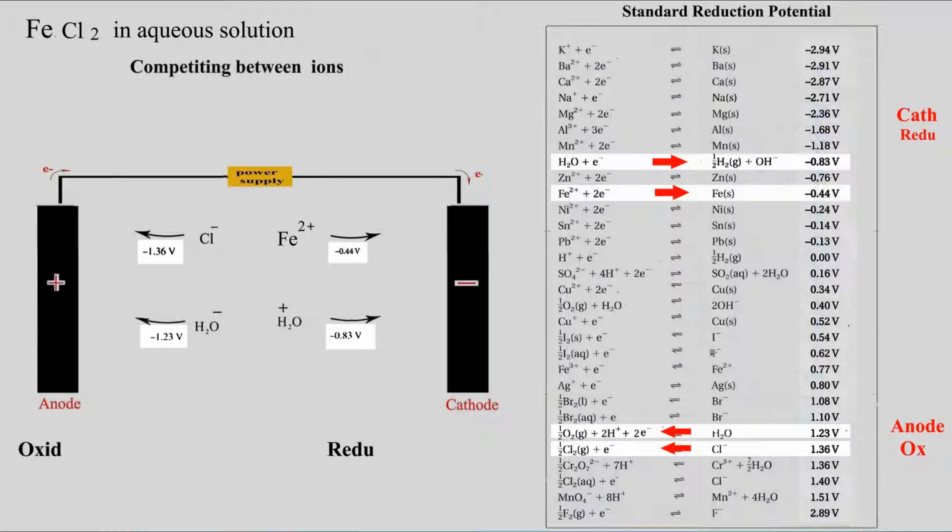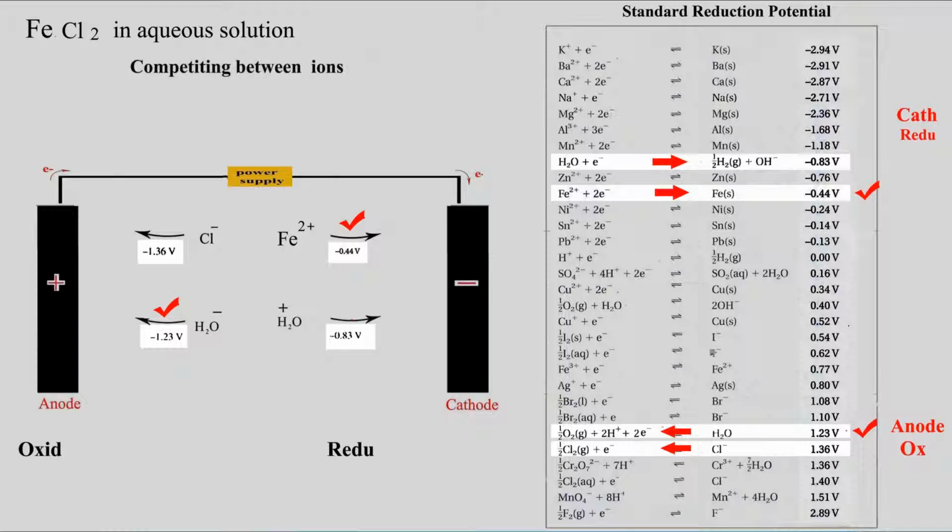Reverse arrow, and you will have the reverse value. Same arrow, you have the same value. And now you ask which one is more positive on the anode? Which one is more positive at the cathode?